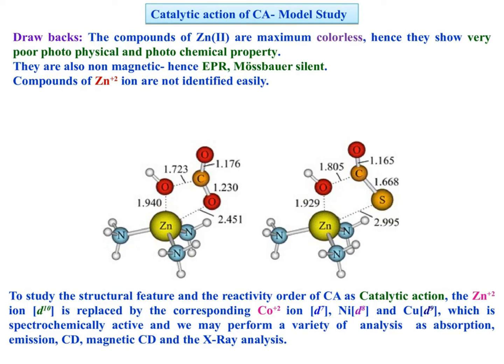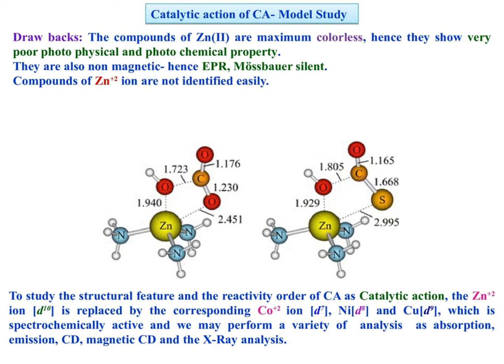Now, what is the drawback of zinc? How can we understand the mechanism of catalysis by which carbon dioxide gets hydrated? These 4 steps, how will we produce the mechanism?